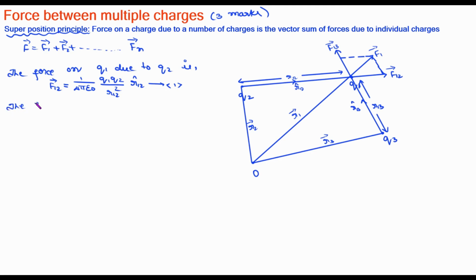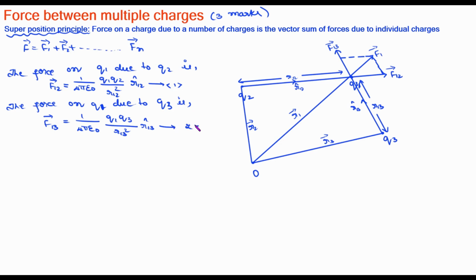Similarly, the force on Q1 due to Q3 is F13, equal to 1 divided by 4 pi epsilon naught Q1 Q3 divided by R13 square R13 cap. This is equation 2.